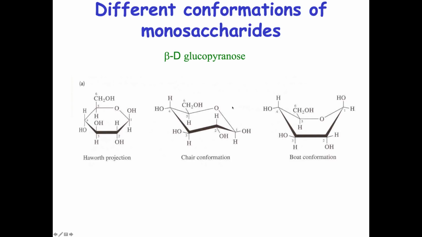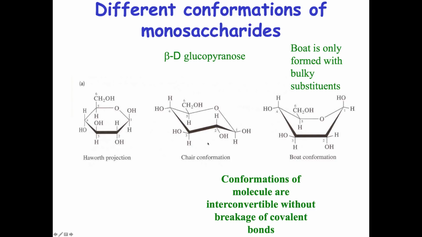Here we see a chair conformation, which is a more accurate representation of the way the molecule exists. Monosaccharides can also be found in a boat conformation. This boat form is found only when you have very bulky substituents, so most monosaccharides are found in the chair conformation.